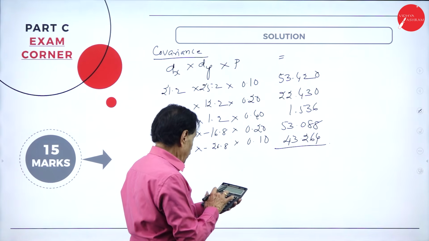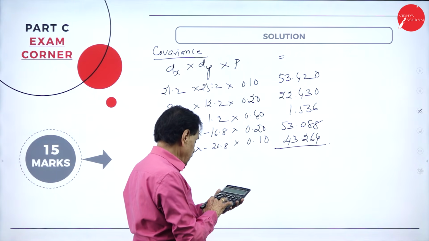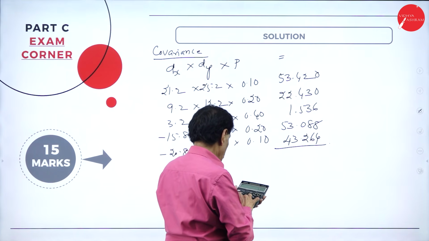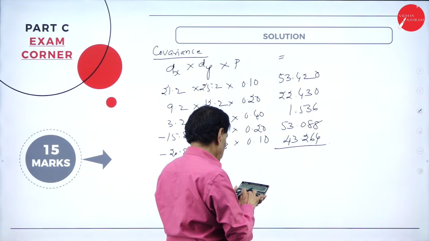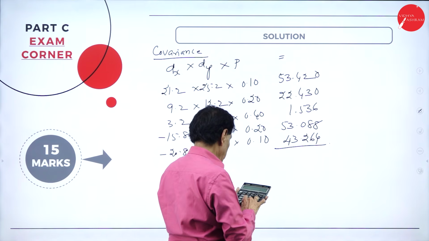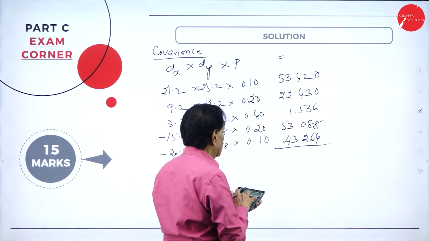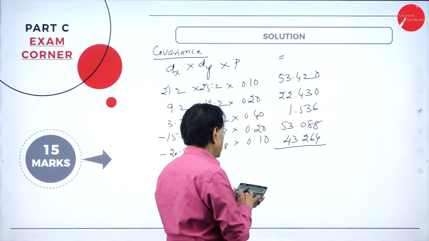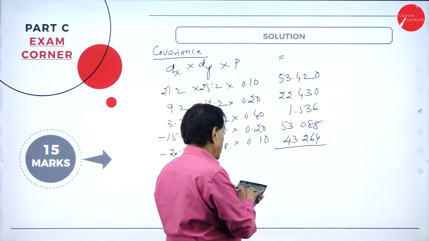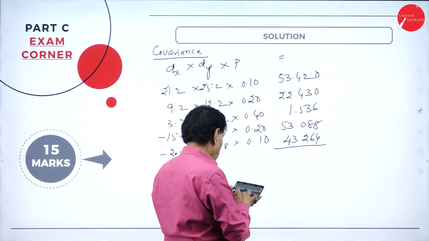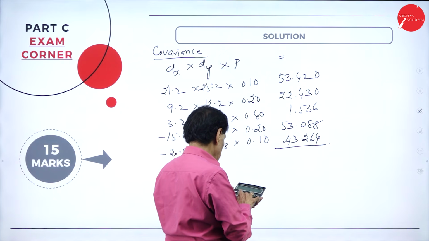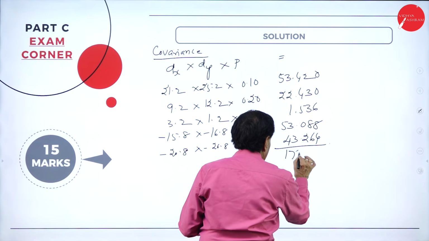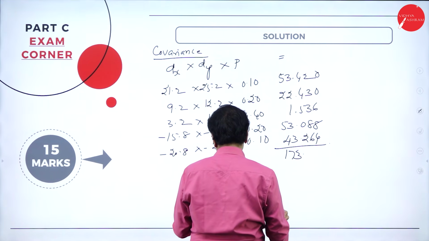Add: 53.42 plus 22.43 plus 1.536 plus 53.088 plus 43.264 is 173.74.